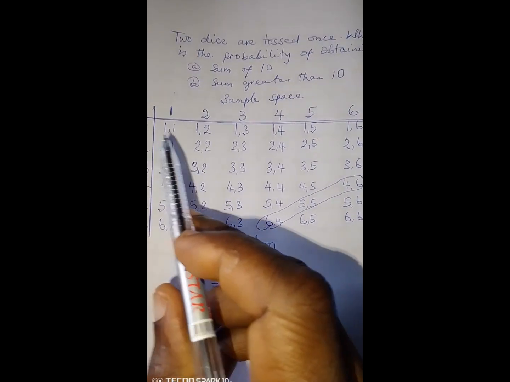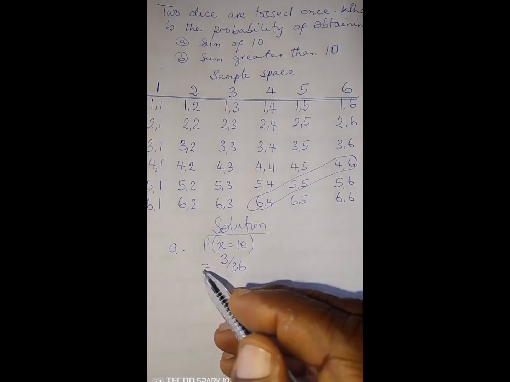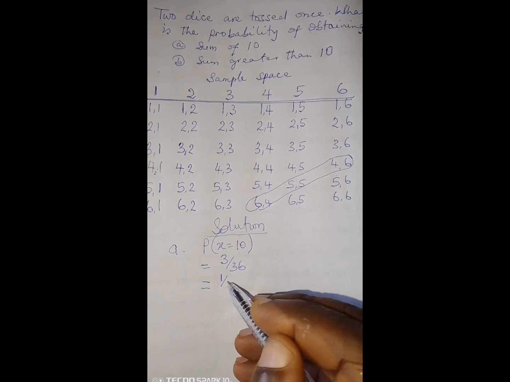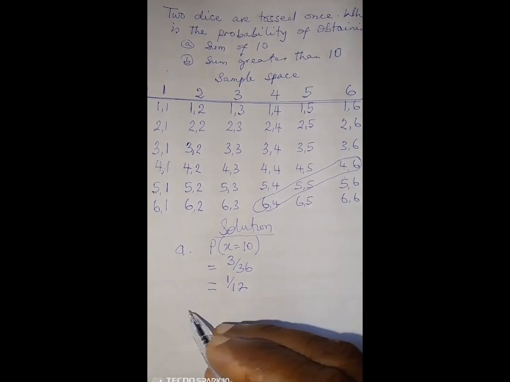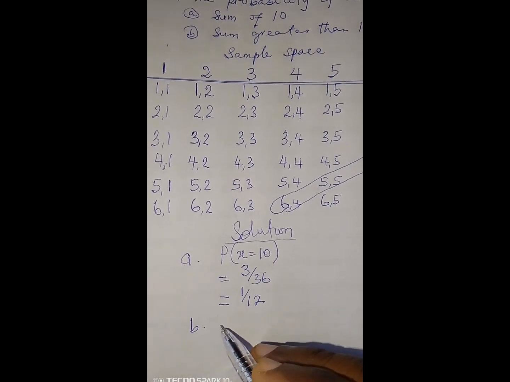So that is 3 out of 36 outcomes. That is, the probability of obtaining a sum of 10 is 3 over 36, which will eventually give you 1 over 12.